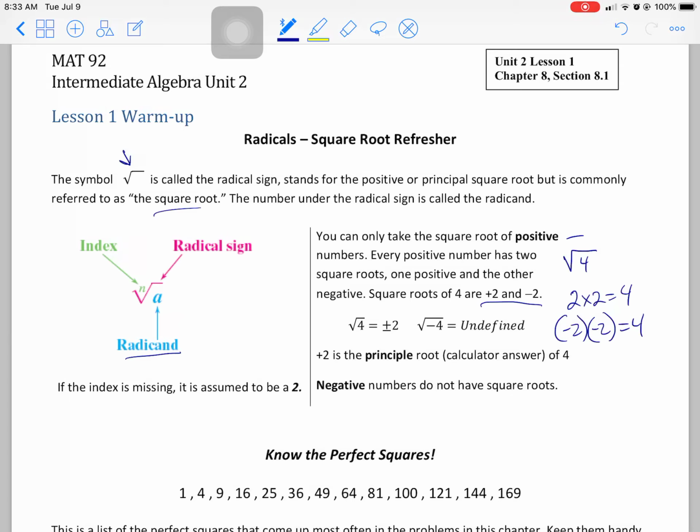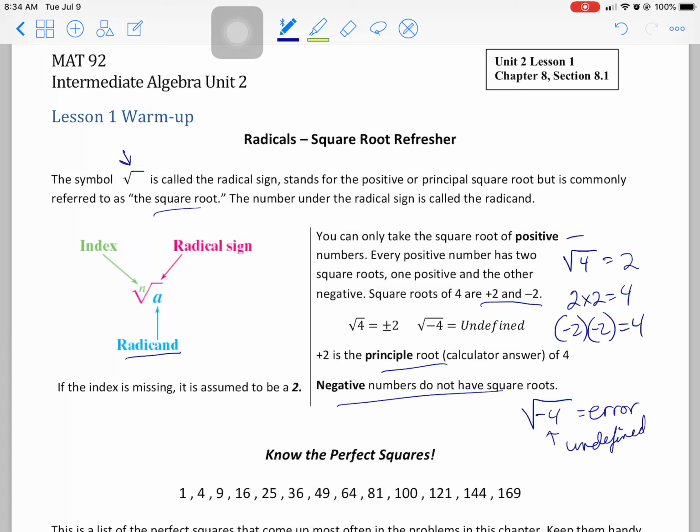When you put the square root of 4 in your calculator, you'll get the 2. That is considered the principal square root, or the principal root, and that's what we're referring to when we say square root. But if you put the square root of negative 4 in your calculator, it'll say error, because that is undefined, because negative numbers don't have square roots.